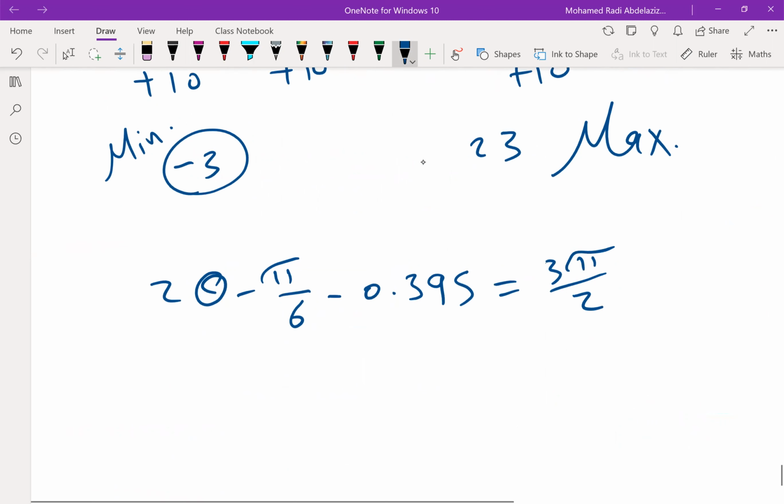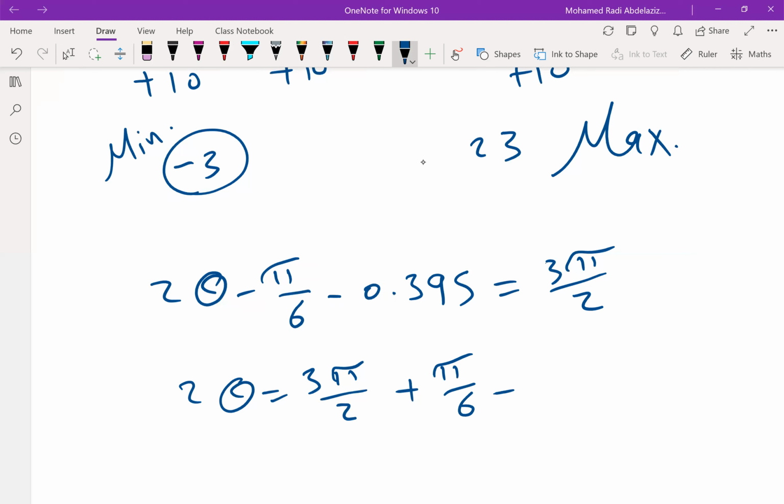Then solve the equation to get the value of theta. 2 theta is equal to 3 pi over 2 plus pi over 6 plus 0.395. Then divide all by 2 to get the value of theta.